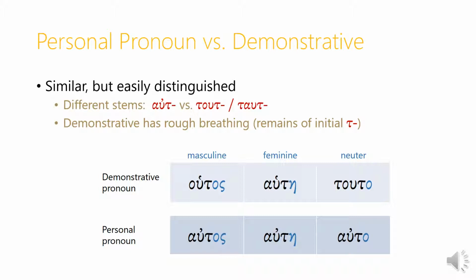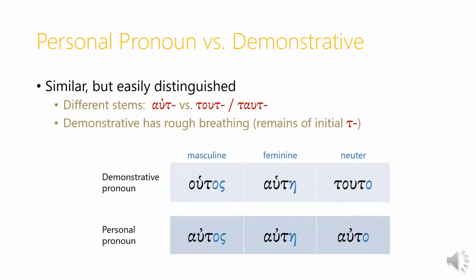What we have to remember is that in the nominative forms, that initial tau has dropped off of the demonstrative pronouns for the masculine and feminine and been replaced just with a rough breathing mark, an H sound. And so houtos ends up looking more like autos than it would if that tau were still at the beginning. But if you remember that that rough breathing mark is the remnant of the initial tau, that'll help you to remember again that there's an extra idea in houtos.